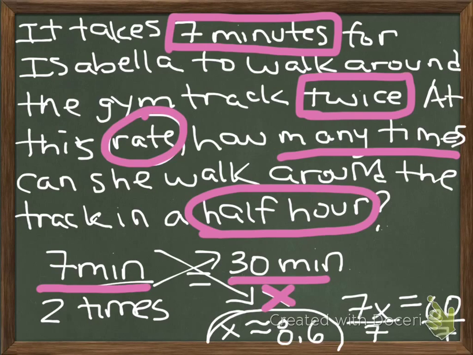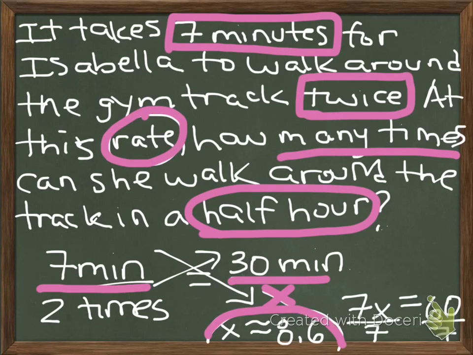And again, I can cross multiply always, so I have 7 times x, which is 7x, equals 60, and I would divide by 7. So I get about x equals 8.6, and I rounded that to the nearest tenth, but really I would say it makes most sense to just round it to the nearest whole number.